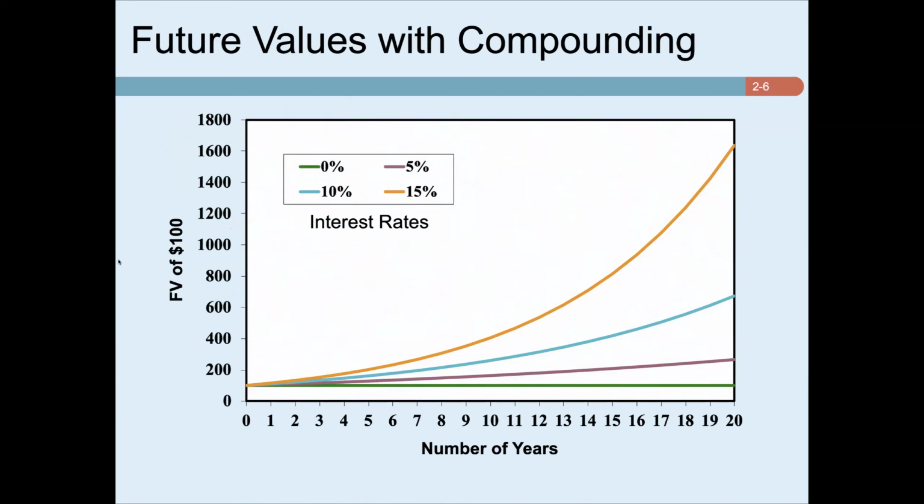With a compounding rate of 15%, we can double the money in a very short period of time. In this case, in 20 years at 15%, you can make 16 times, 1,600 compared to 100. That's the compounding interest rate.